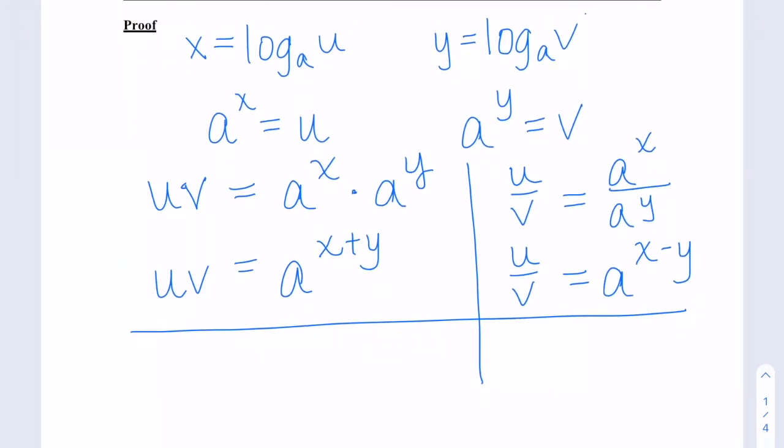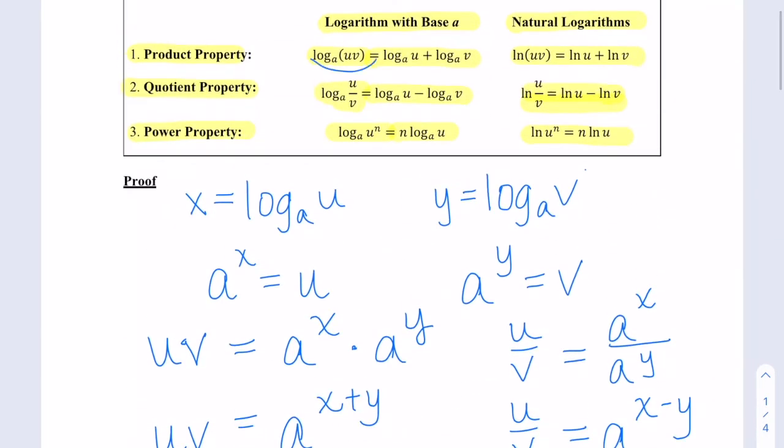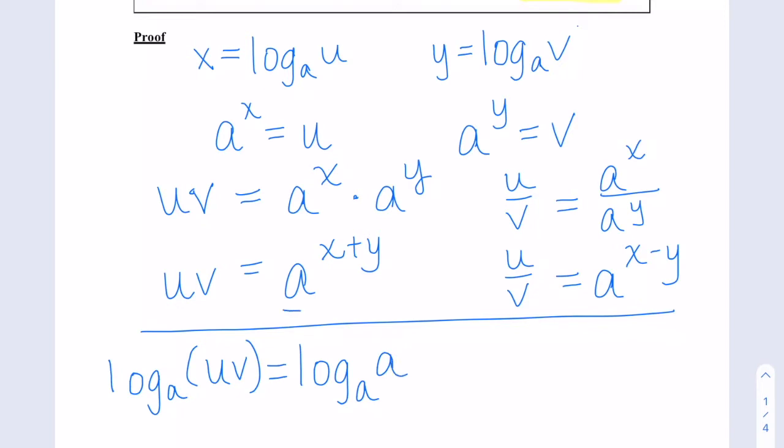So let's put this together. So we wanted to look at log base a of u times v. Well, we know that that's also written as log base a of a to the x plus y.